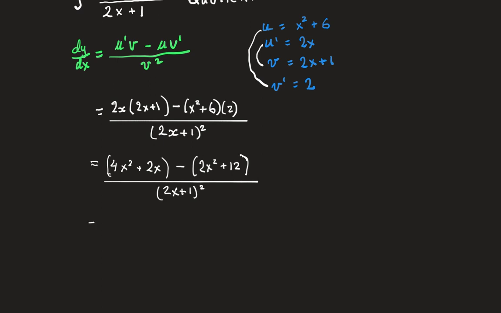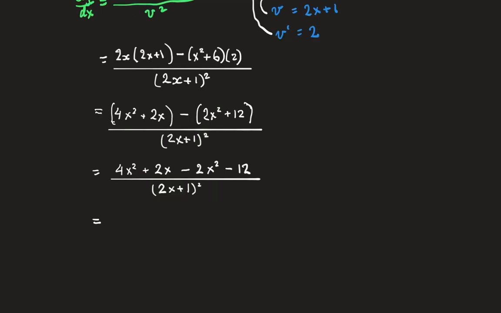Now we take the brackets off, and we're left with exactly what they want, which is 2x squared plus 2x minus 12 over 2x plus 1 squared. And this is our gradient function.